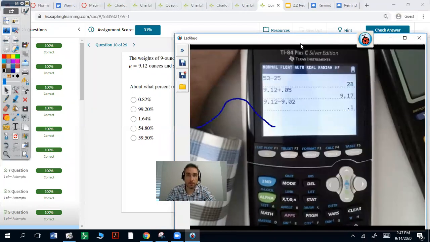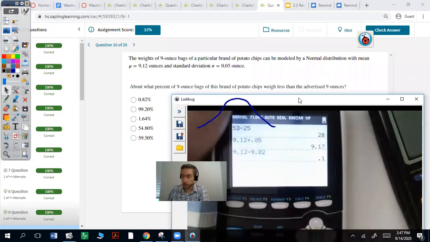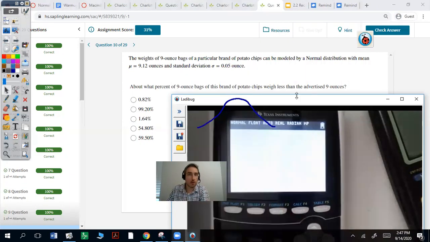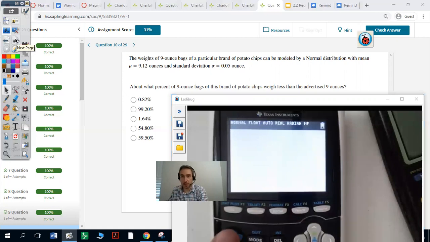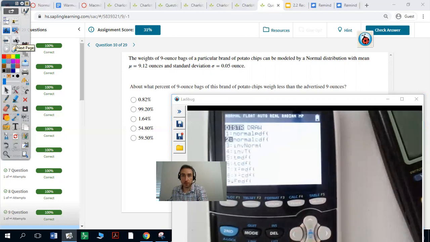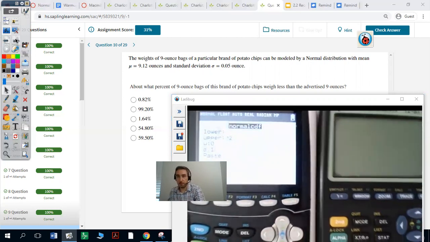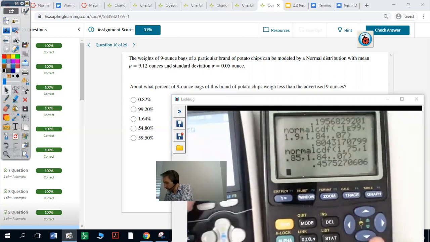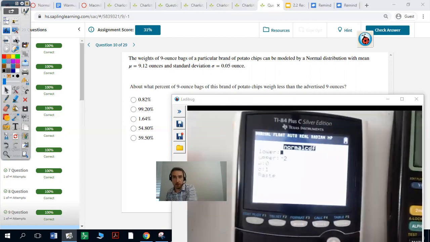what you're going to do is press second, vars, and go down to normCDF. I'll do this on the 83 and the 84. Let's start with the 84.